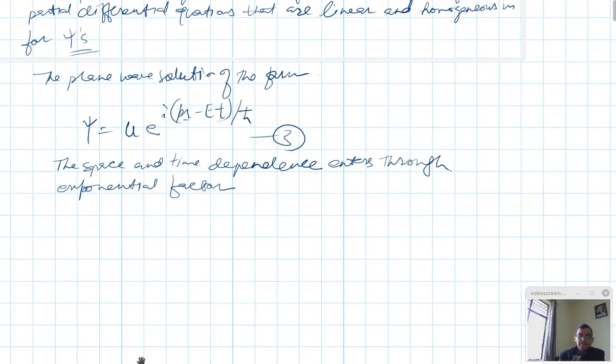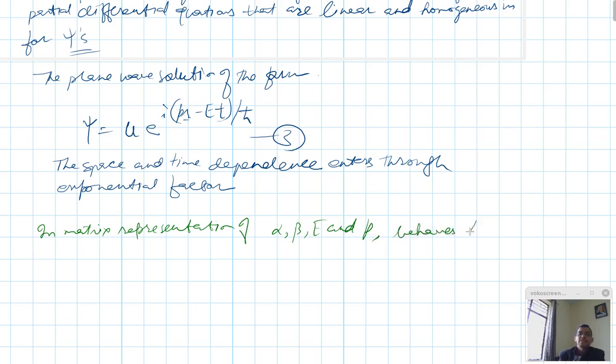And in matrix representation, alpha, beta, E and p behave like complex numbers.